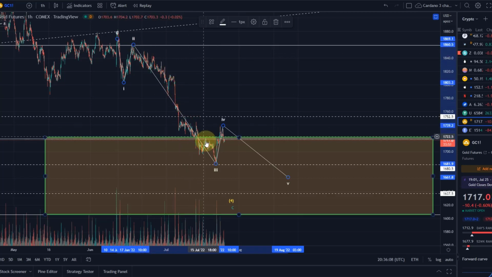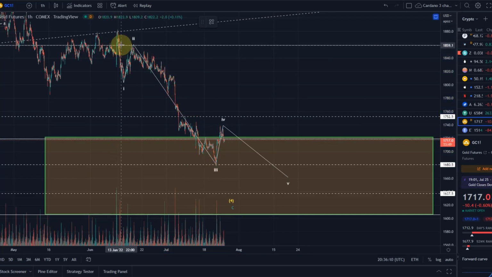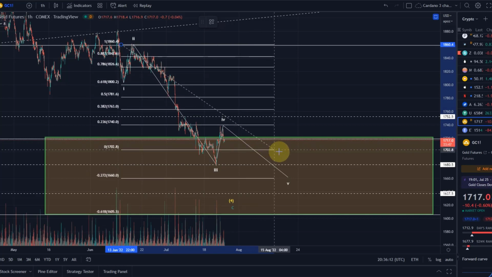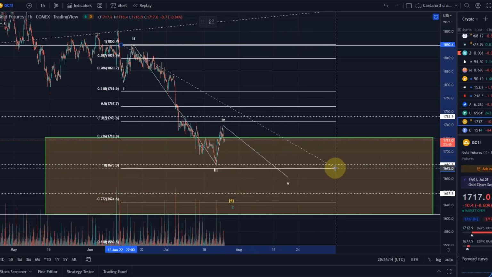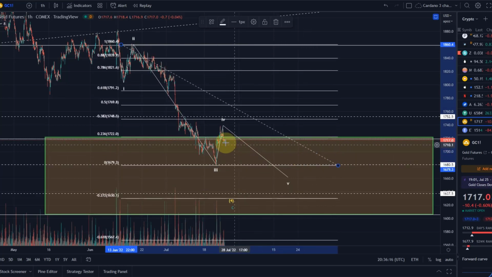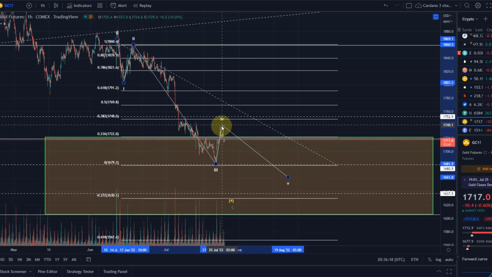Now, if I look at all of this as a retrace, as the wave 3, which also from a lower level wave count works out, we have now reached the minimum requirement for a wave 4 correction here with the 23.6% fib level at 1722. The ideal retracement would have been 1748. We didn't reach it.